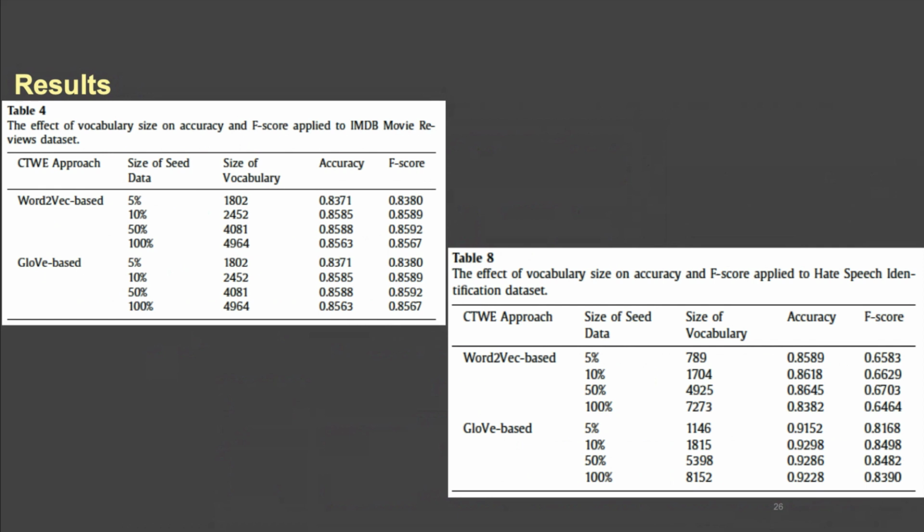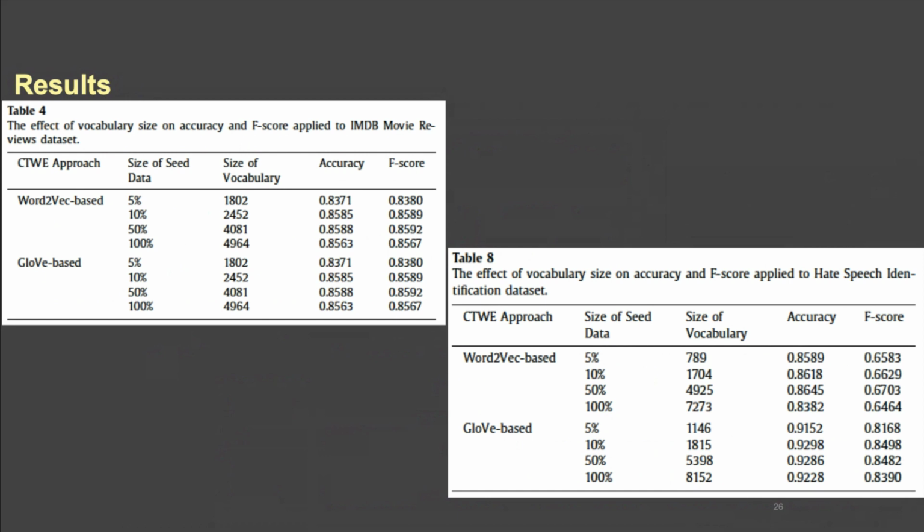The result shows that the F1 score of 50% works better than 5% or even 100% of the data. And for GloVe, again, you can see that 50% worked better. The results are very, very close to each other.